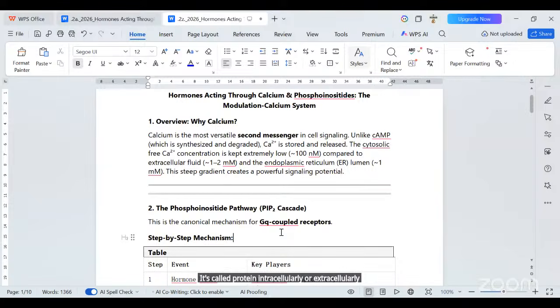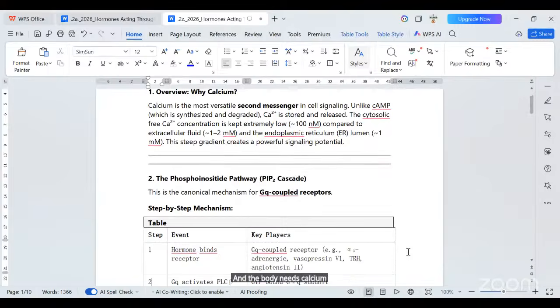If calcium is not present within your diet and the body needs calcium, how does it get it? Through the bones. So the bones will be depleted gradually. That's where the weakness comes from.